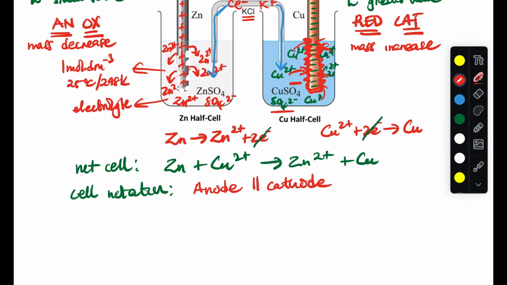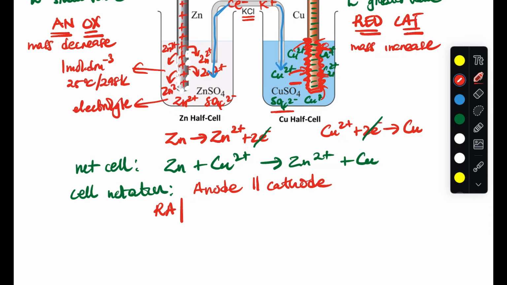And then, guys, this is just the summary. Now, how do we write the cell notation? You start with the reducing agent and the state, and then after writing the reducing agent, you write the product of oxidation.